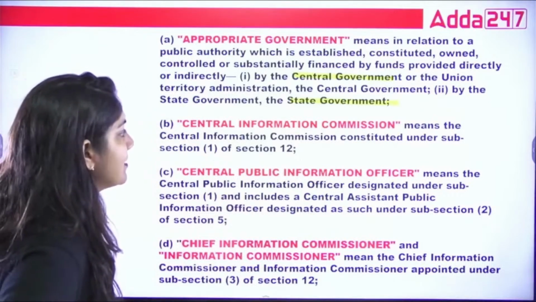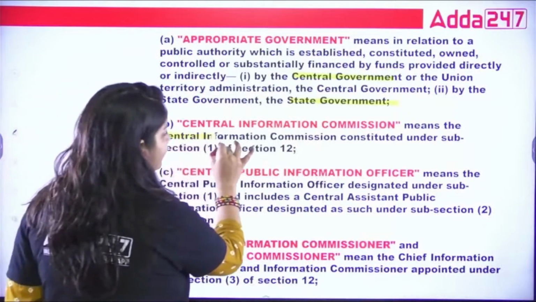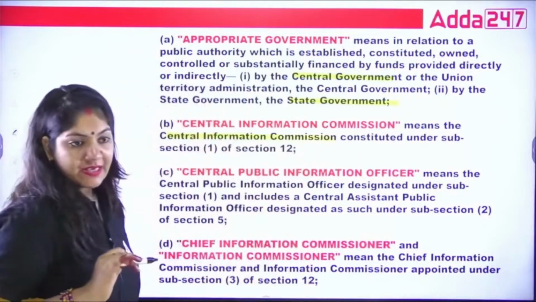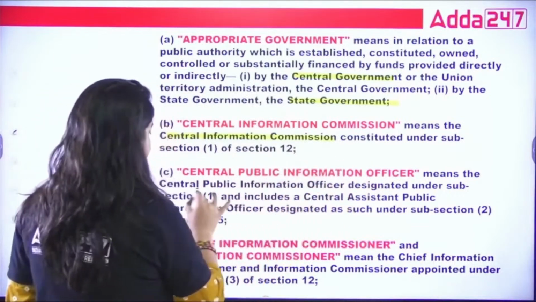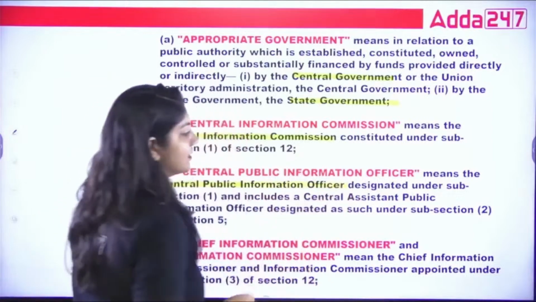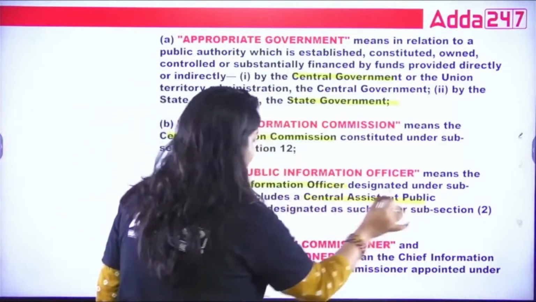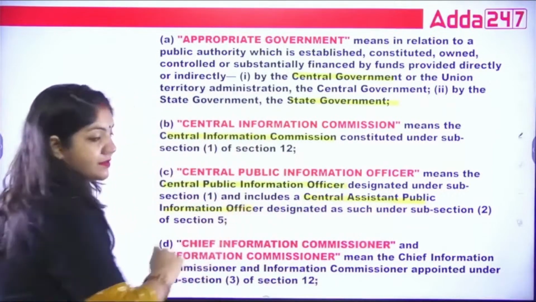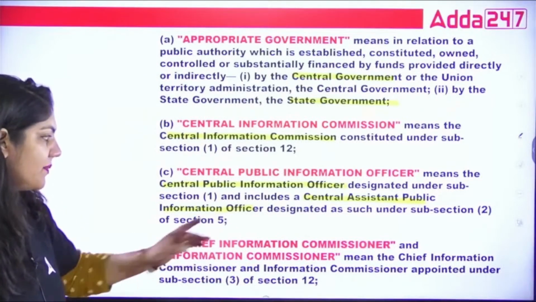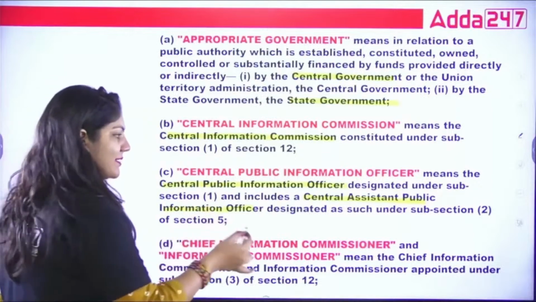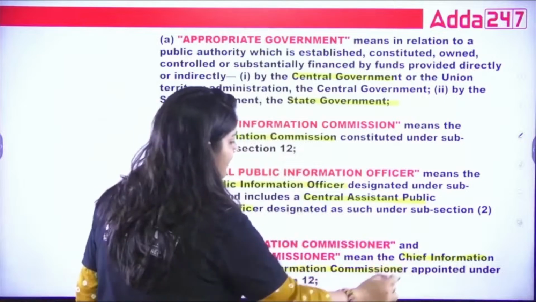Next, what is Central Information Commission? This is a designation class. Central Public Information Officer, what is this? This is also a designation. It also includes Central Assistant Public Information Officer. What is Chief Information Commissioner and what is Information Commissioner? It means the same class of designation.